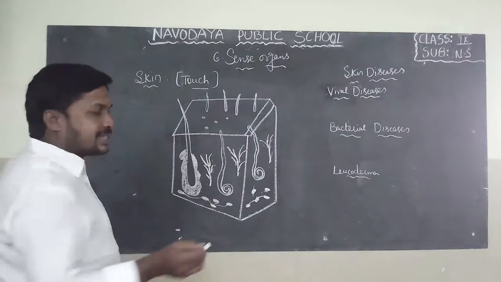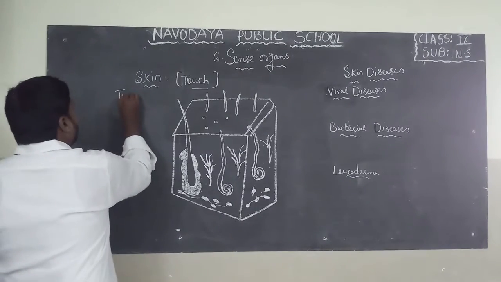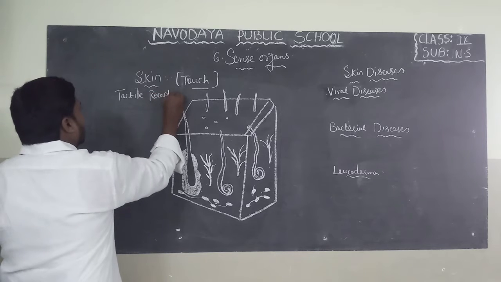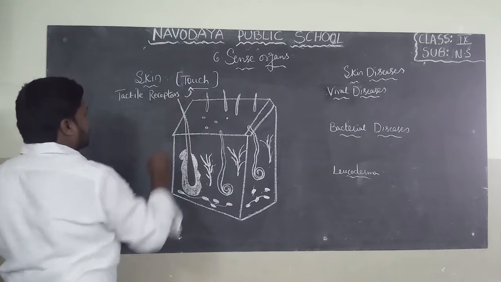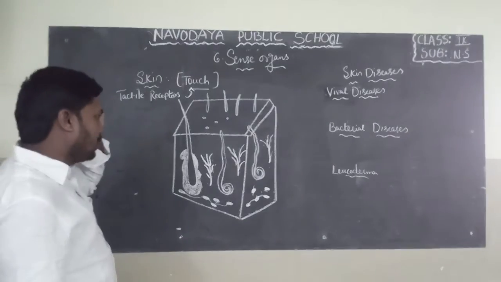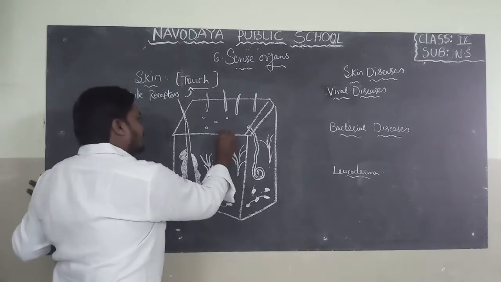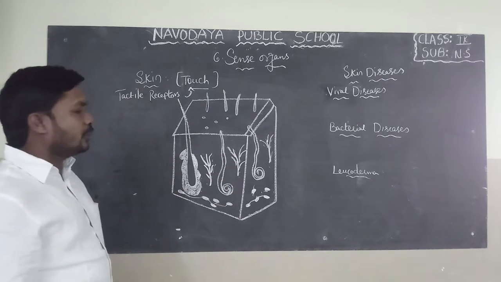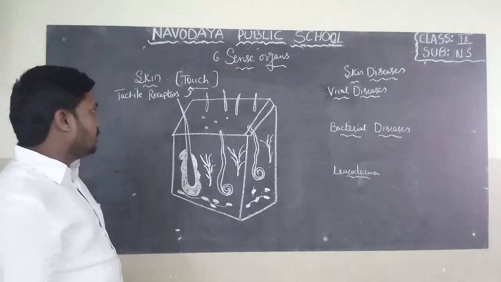Skin has receptors known as tactile receptors. The receptor which is useful for touch is known as a tactile receptor. Already explained in previous classes, receptors are the cells present in sense organs, helpful to detect objects.